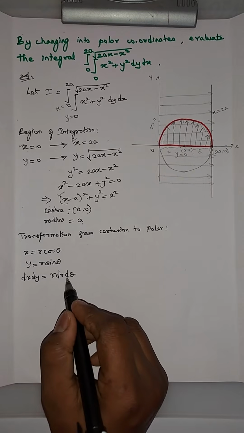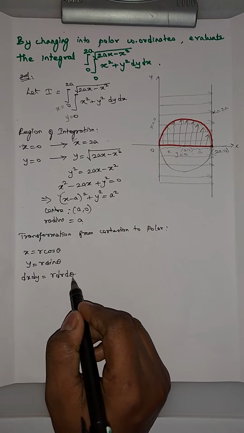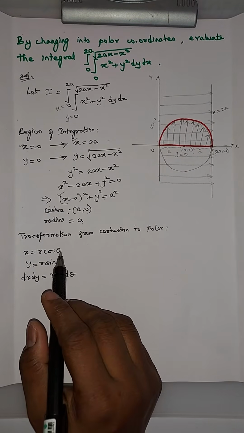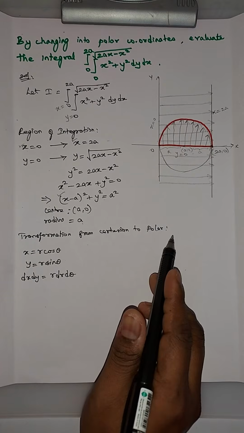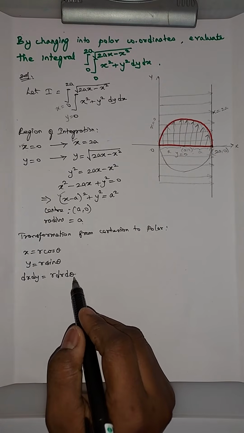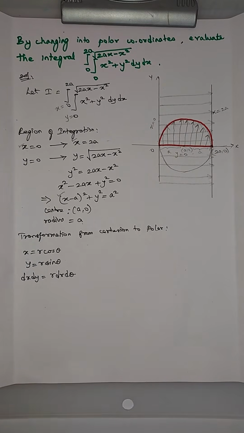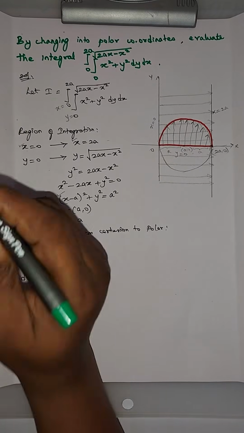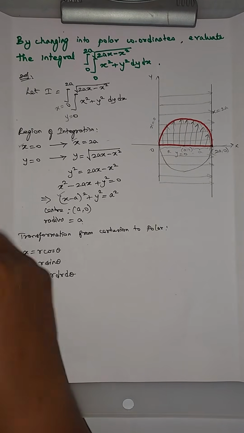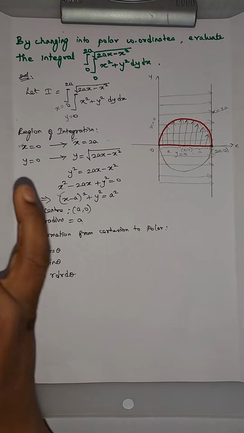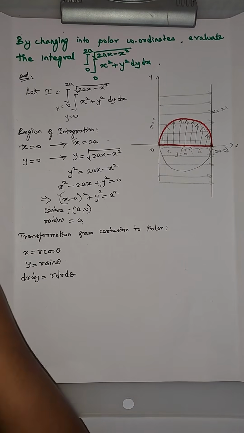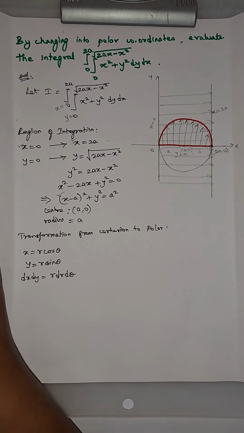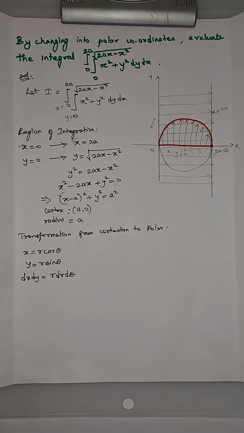Now we need the limits of r and theta. As we are transforming from Cartesian to polar, we need the limits of r and theta. To find the limit of r, we do not consider a strip parallel to the x-axis or y-axis in the case of polar. Only in the case of Cartesian, we consider a strip parallel to either the x-axis or y-axis, depending on which variable we integrate first.